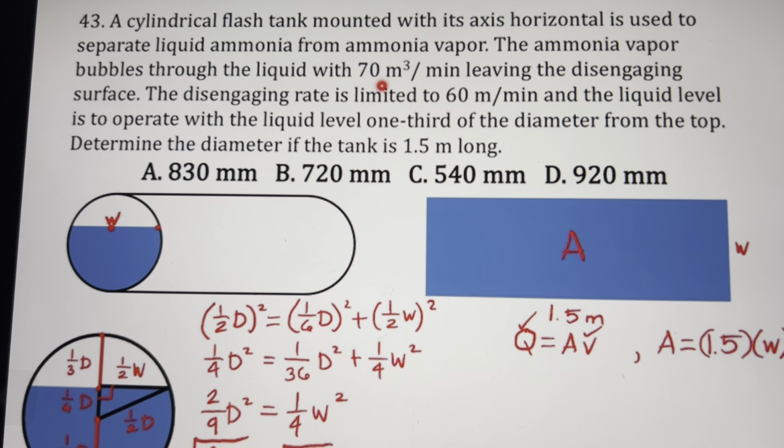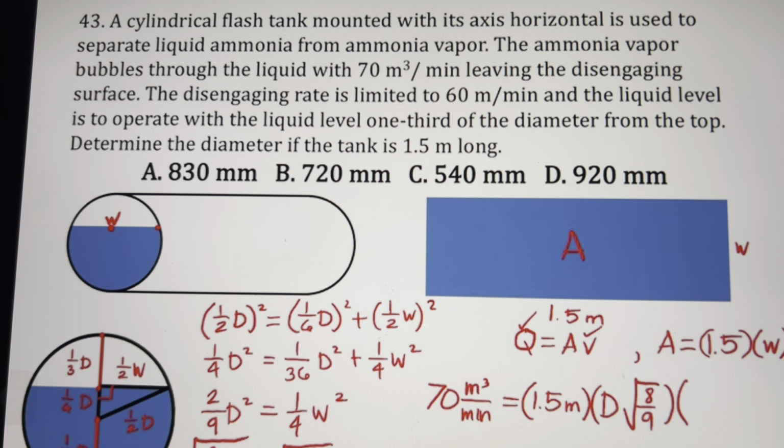So we can put width here. Our Q is equivalent to 70 cubic meters per minute. It's equivalent to our area, which is 1.5 times width. So that will be 1.5 meters, and our width is equivalent to this one, d times square root of 8 over 9, times our velocity, which is 60 meters per minute.